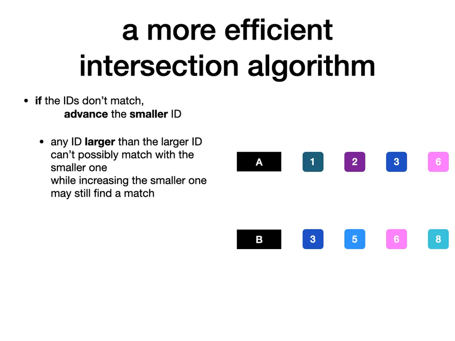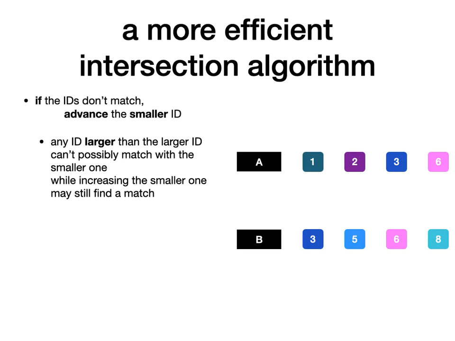So any ID larger than the bigger one can't possibly match with the smaller one. So we wouldn't increase 3 to the next entry because the smaller one is already too small. We know that because they're sorted. So while we increase the smaller one, we might still hit 3. And in fact, looking ahead, we can see that we will hit 3.